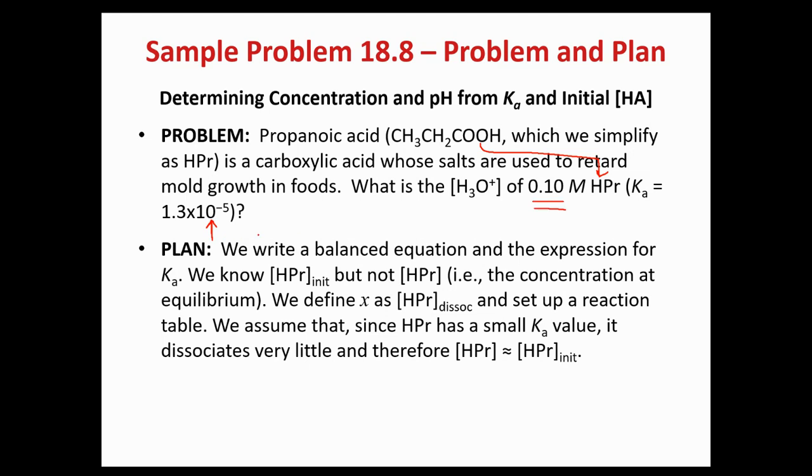So right off the bat, what we would want to do is the same thing we did, which is to figure out if we're going to be able to use that simplification or not, whether we're going to need to use quadratic or not. So we're going to take the 0.10 and divide it by the Ka.